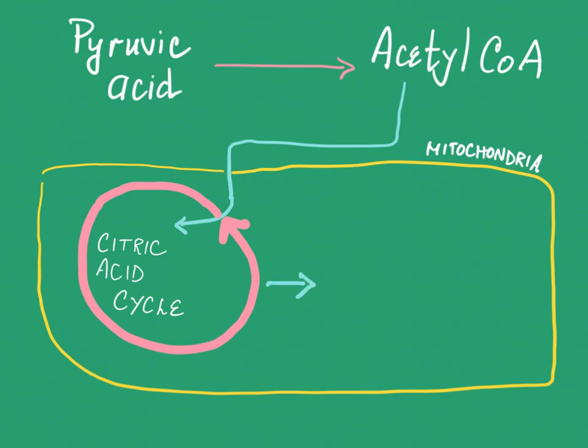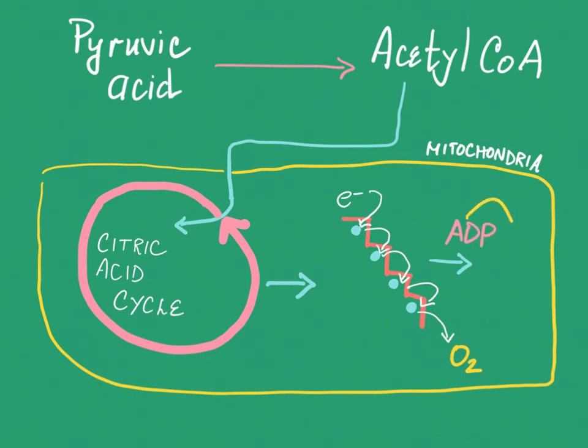The next step is the electron transport chain. Electrons from the hydrogen that is present in glucose bounce down a series of proteins forming the electron transport chain. Finally, the electrons are picked up by oxygen. This reaction releases a great deal of energy, and this energy is used to convert ADP to ATP.